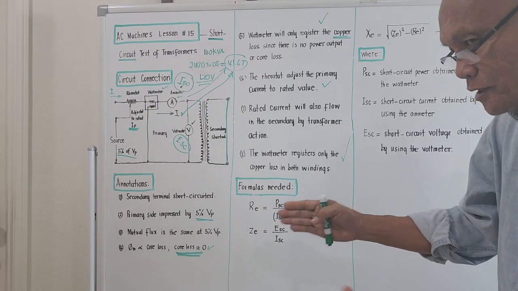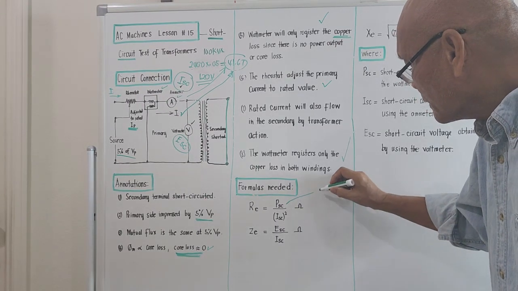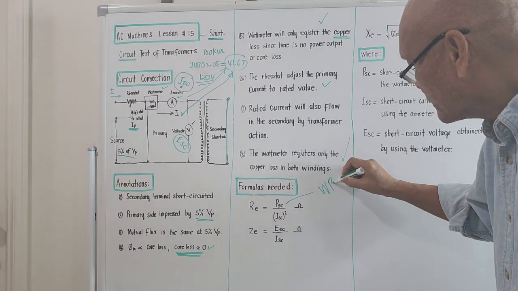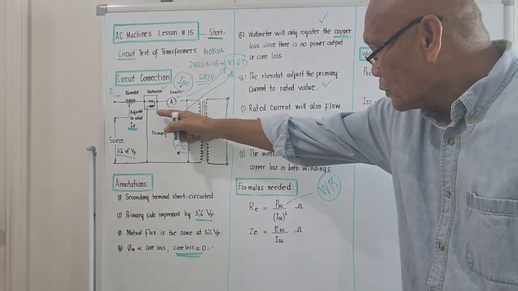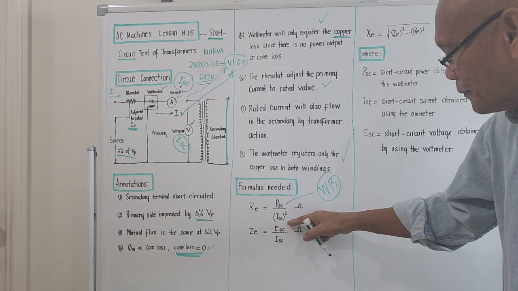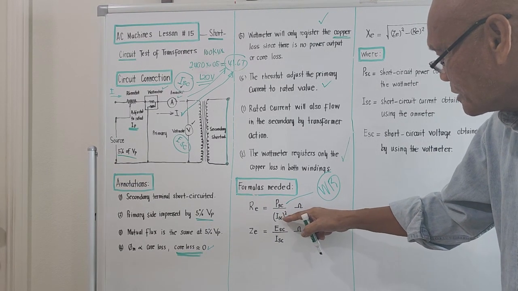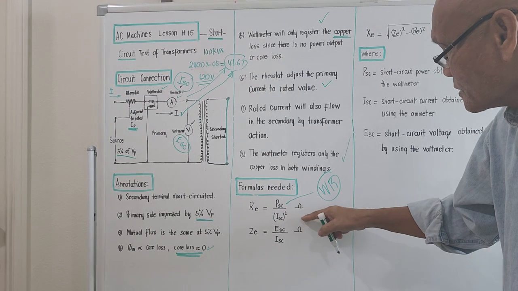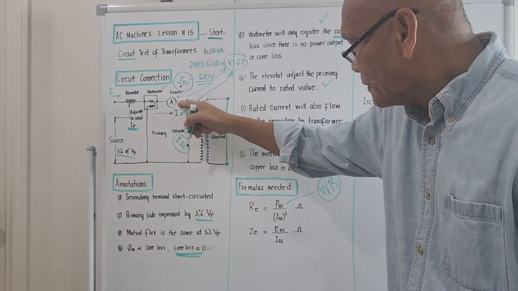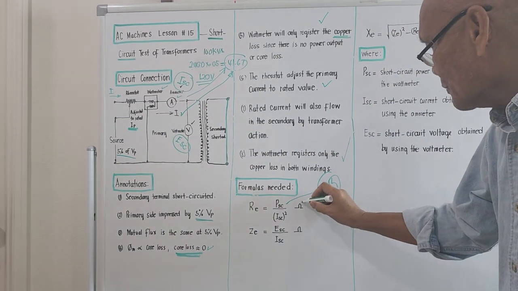SC is short circuit, it's not Supreme Court. SC here is the wattmeter reading. It's the reading of the wattmeter, right? Over I short circuit quantity square. Okay? This I with the subscript SC is actually the reading of the ammeter. Right? So this is in ohms.